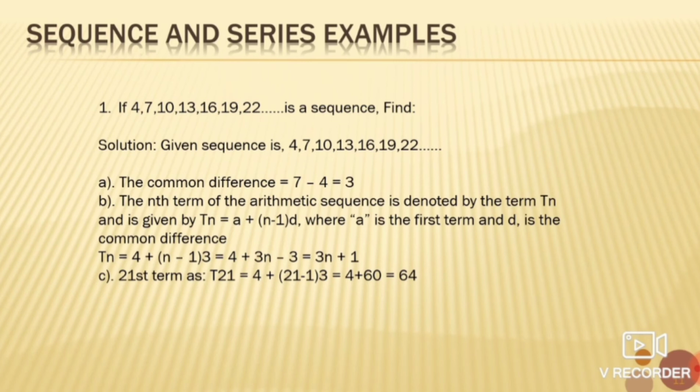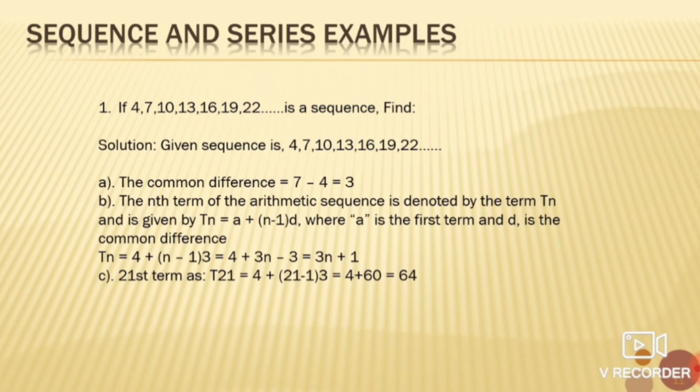B. The nth term of the arithmetic sequence is denoted by Tn and is given by Tn equals a plus n minus 1 times d, where a is the first term and d is the common difference. Tn equals 4 plus n minus 1 times 3, equals 4 plus 3n minus 3, equals 3n plus 1.